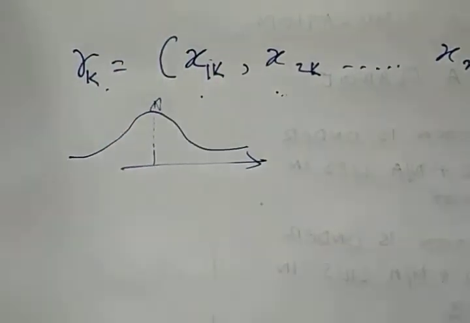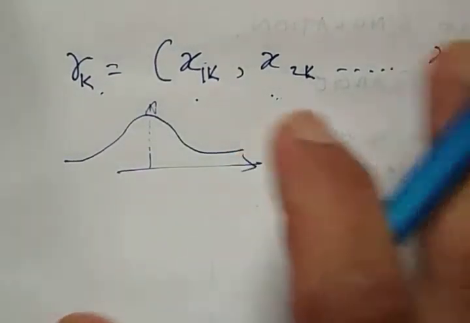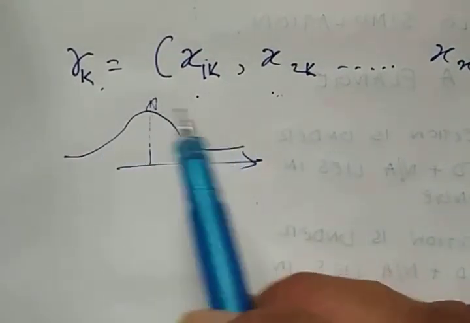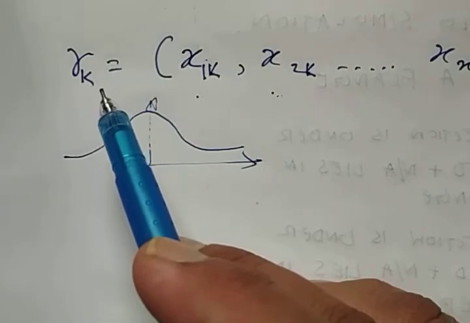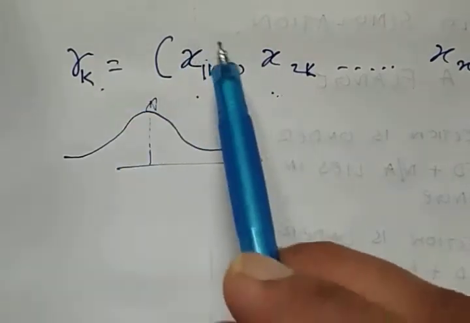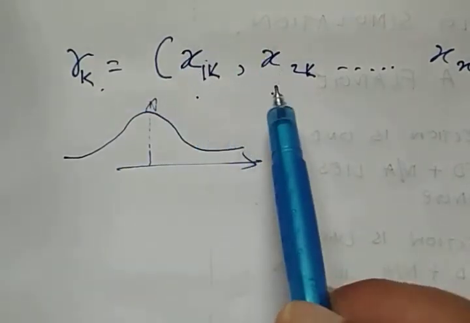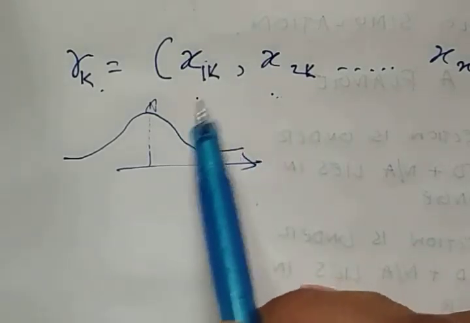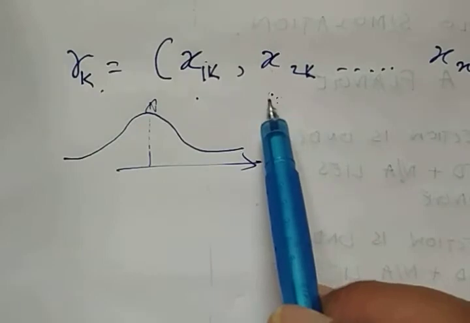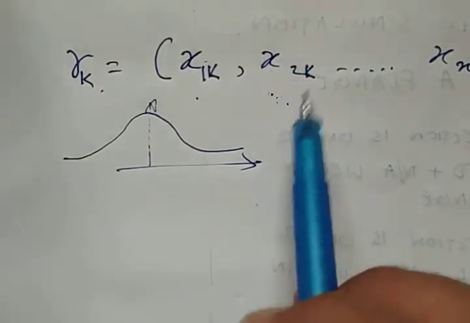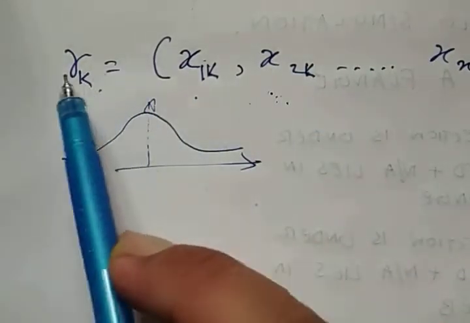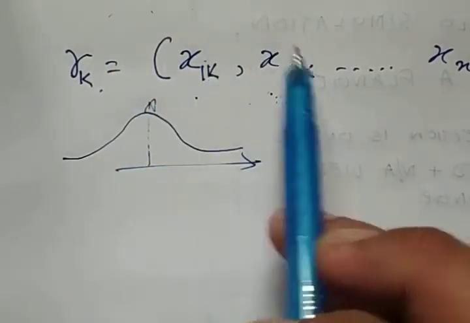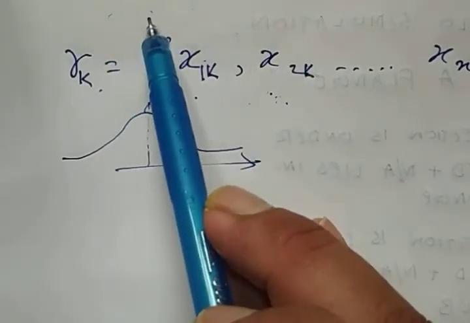We can generate this RK, store it in a matrix or in an array, and then we can actually plot the probability distribution, like how many times a particular value has occurred. Suppose for this combination, 310 is my depth and this one is 10, Young's modulus, we got, let's say, an RK value of 50.